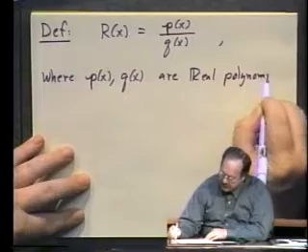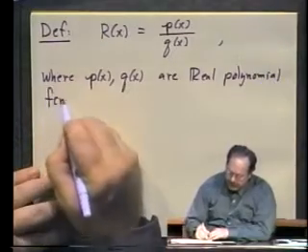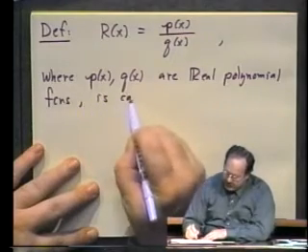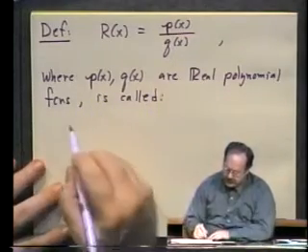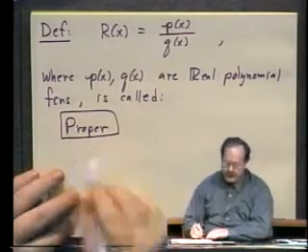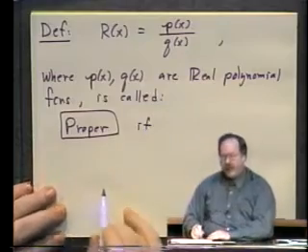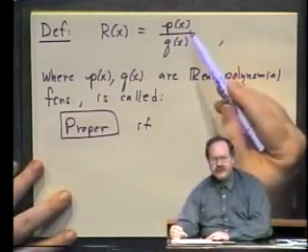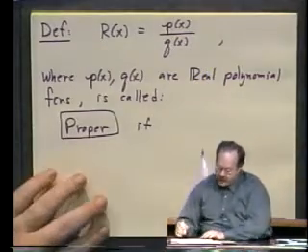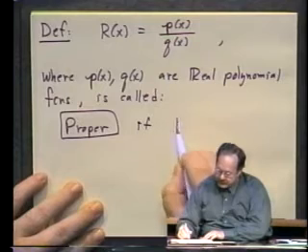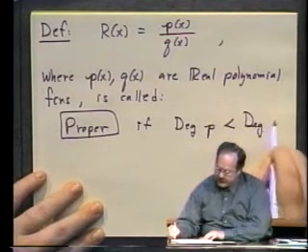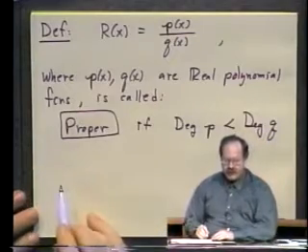The only kind of polynomial functions we look at, real polynomial functions. It is called a proper rational function if, well, now we just can't take these as numbers and compare them as P or Q being greater or less than or equal to one another. So what we'll compare instead are the degrees. If the degree of P is strictly less than the degree of Q, then we'll say it's proper.